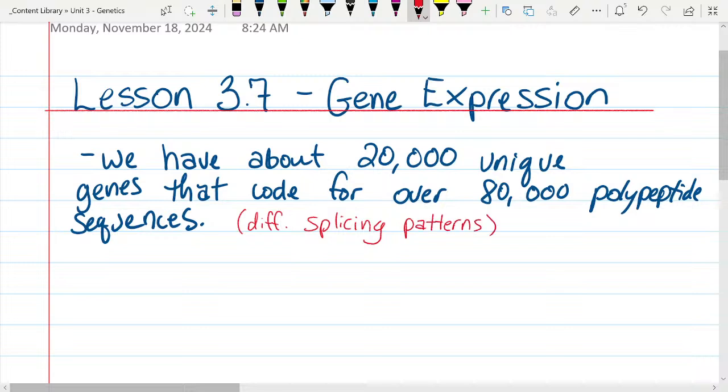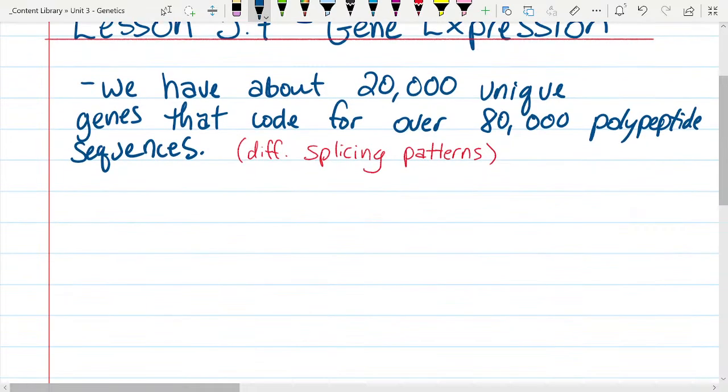What body is responsible, or what complex is responsible for splicing? Oh, the spliceosome, indeed. And what are the different segments of DNA that are typically included called? Exons. Good. So we can keep different combinations of exons, which gives us those.